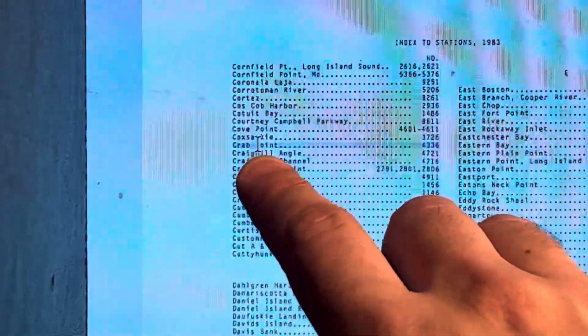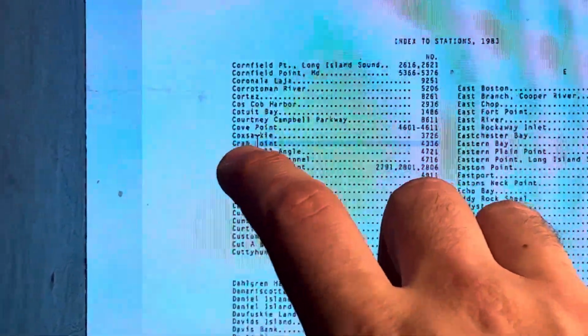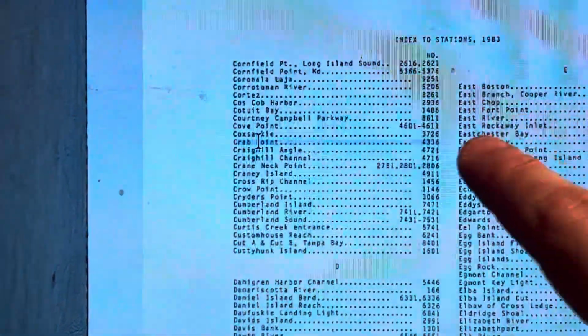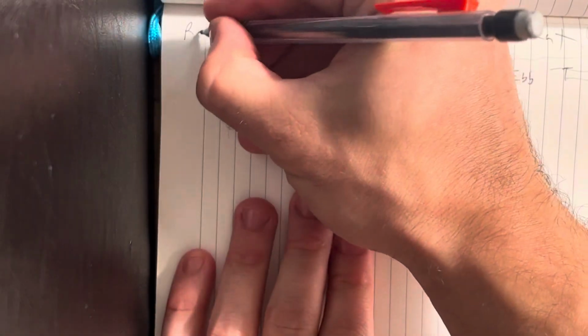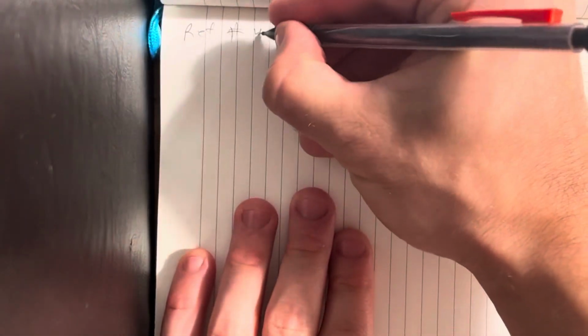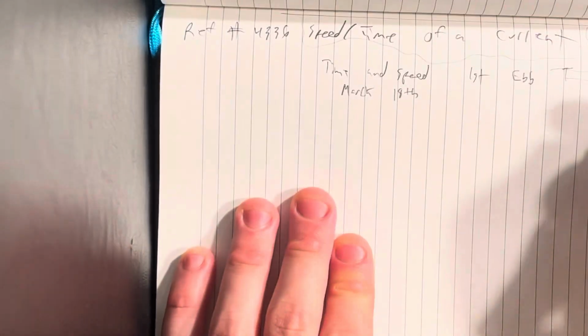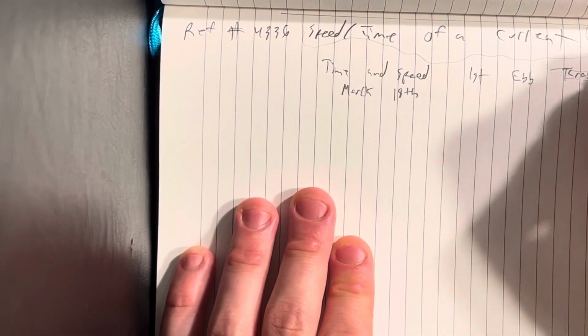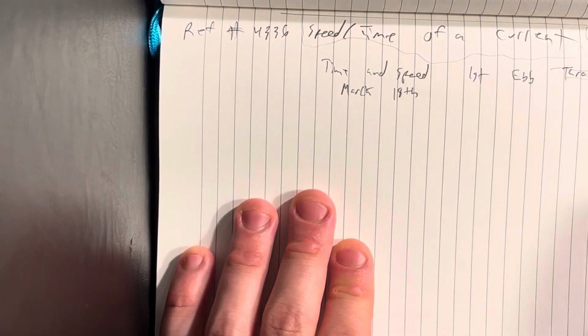So we'll put that into the problem and say that the problem is asking you about Crab Point here. Number 4336. Just like everything else, write the reference number first. Crab Point. Okay.